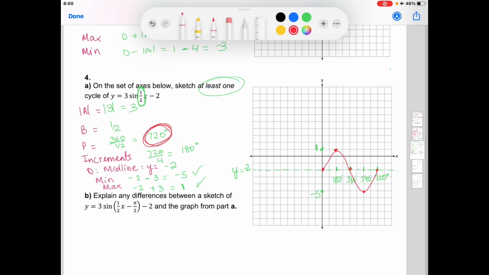Now it says explain any differences between a sketch of 3 sine 1/2 x minus pi over 2 minus 2 and the graph in part A. So I'm going to write the other equation right underneath it. So the only difference is what? This. What did we say?